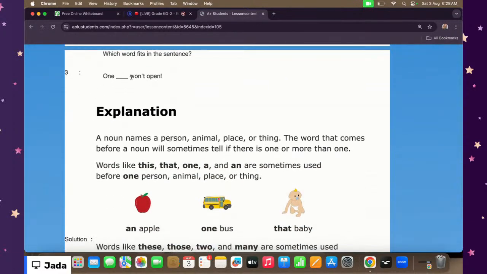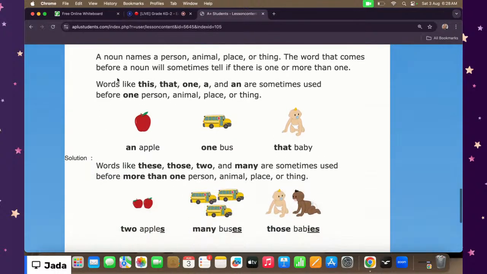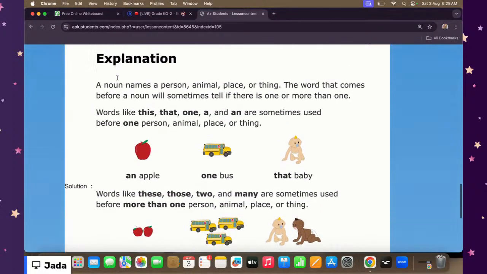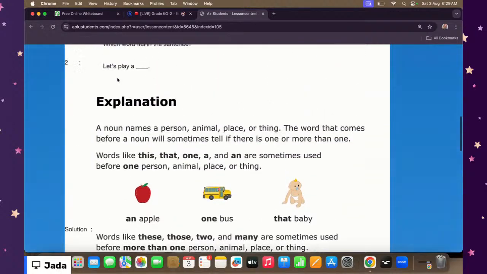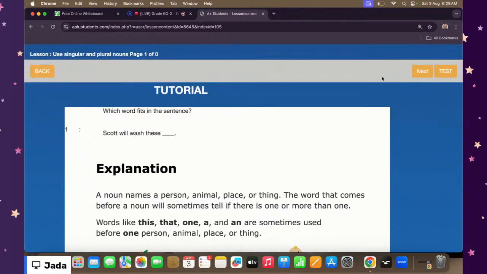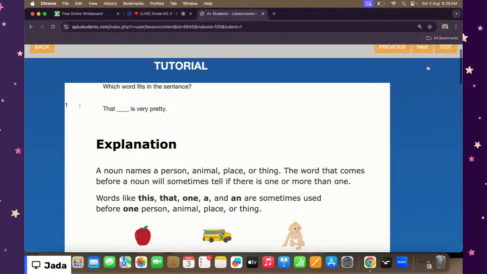One dash won't open. One what? So one, when you see one, of course you know that it's addressing one. One window won't open. So one of the windows won't open, okay? So one, only one. So that dash is very pretty.